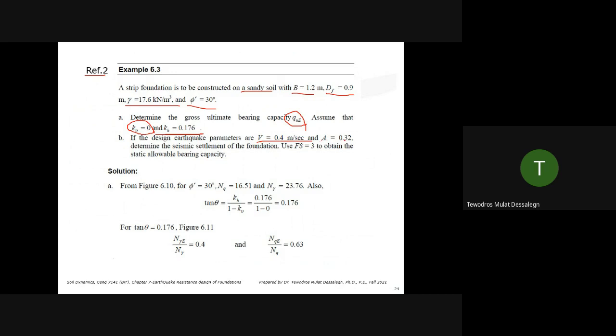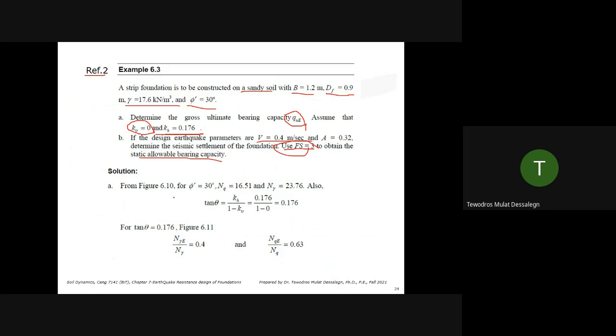And A is 0.32, determine the seismic settlement of the foundation. Use factor of safety of 3 to obtain the static allowable bearing capacity. So this is just to show you what we have seen in the previous 2 slides and how you put it into reality.